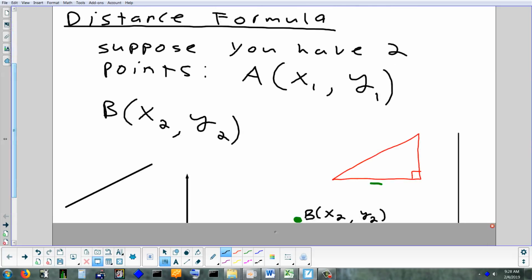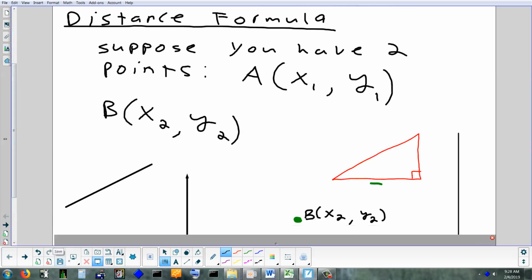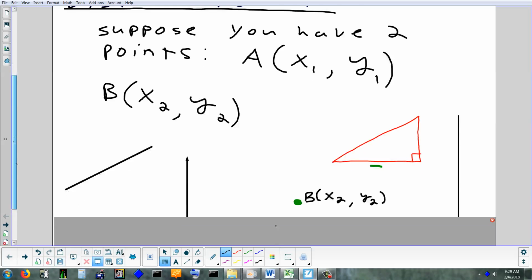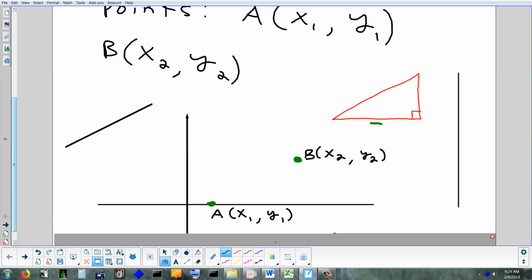What I've done is I've just put these points on the board. Point A and point B. You can see point B, but point A is a little bit lower, it's off the screen. There's point A.